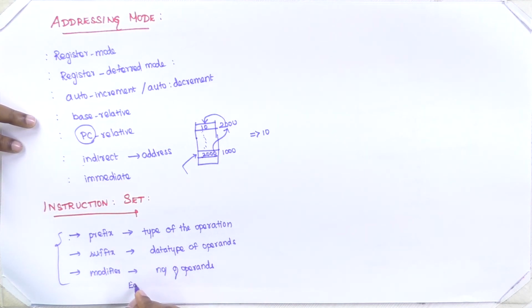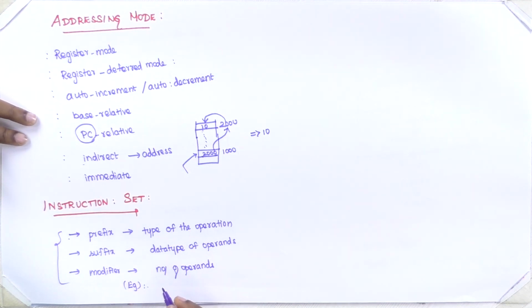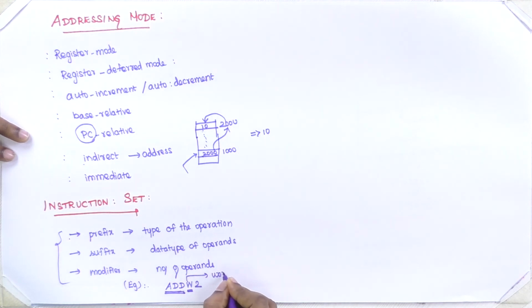Example, let us take a specific instruction, ADDW2. As per the instruction format, prefix ADD denotes the type of the operation, that is the addition operation. Then suffix denotes the data type of the operation, W. W is word. So our data type is word.